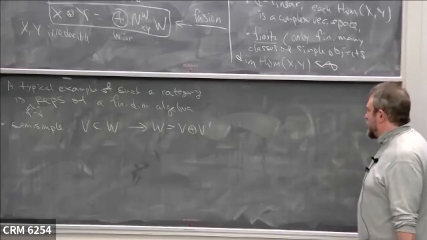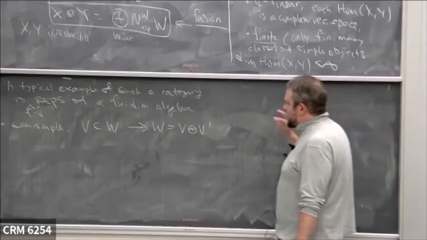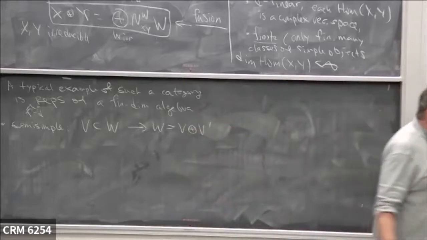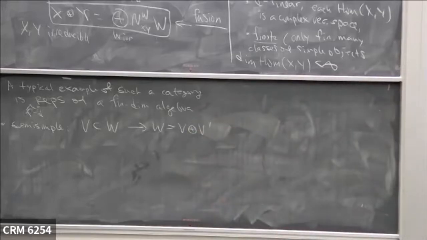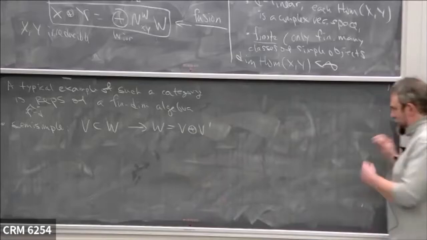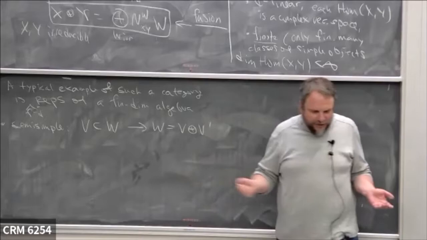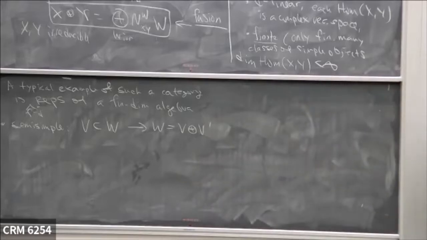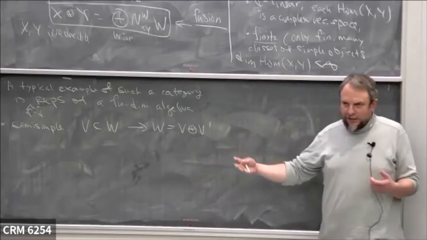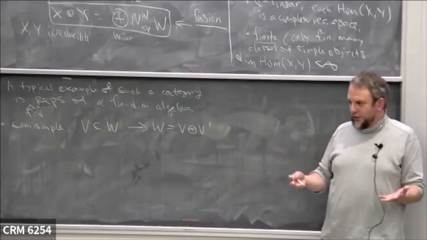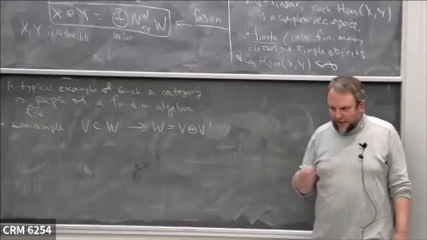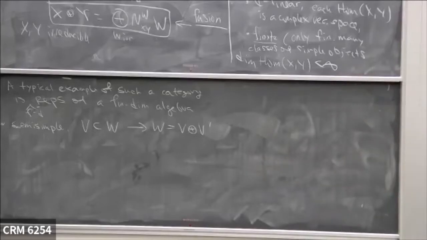Certainly, I won't need them today, but I would stick to them eventually, because I'd like to avoid technical difficulties. This theory is still in its infancy, and we are in the position that you would not advance to study Banach spaces until you understand finite dimensional complex spaces. So that's where we are at.